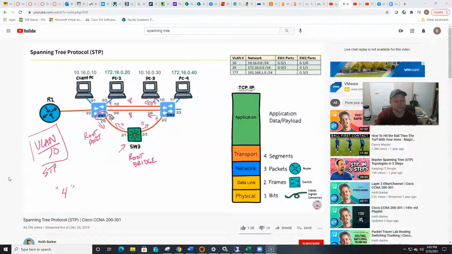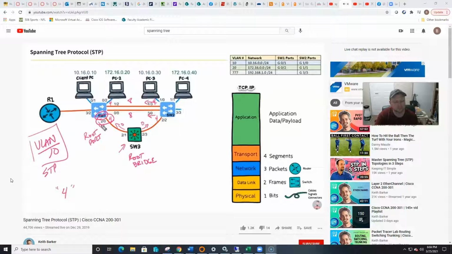When switch 1 is identifying which port is the best one and only one it should use to forward towards the root, it's going to go for, like golf, the lowest cost, and that port in this topology is going to be the root port. So switch 1 would show 2/0 as being a root port.